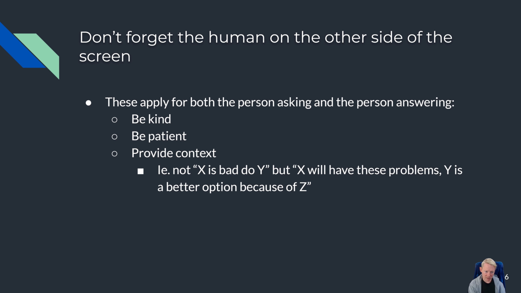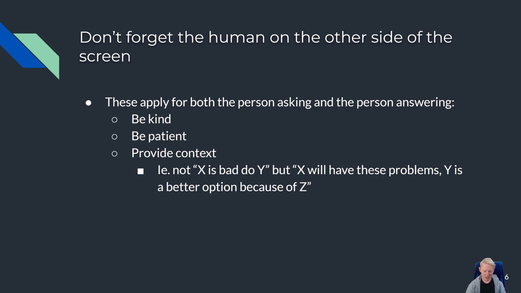It's far better to explain, okay, yeah, this thing is going to run into these particular problems and that's why you're seeing this. This other thing is a better option, and it's a better option because of this. I think it's always really important when you are answering questions, in particular questions where you're trying to solve problems, to always give context.